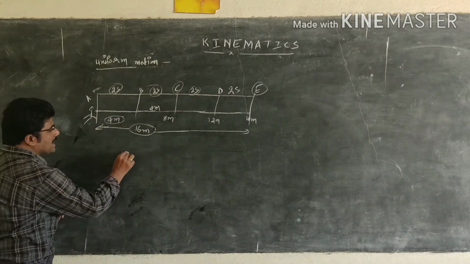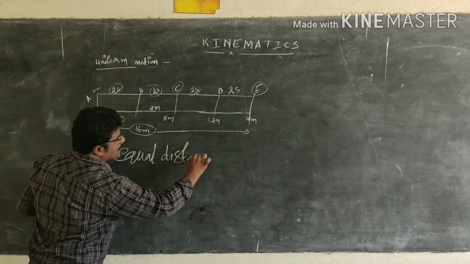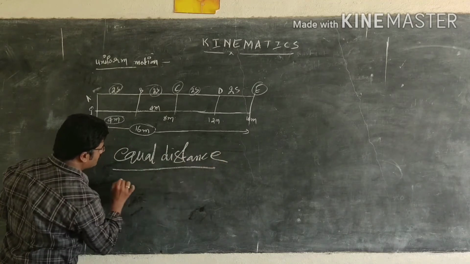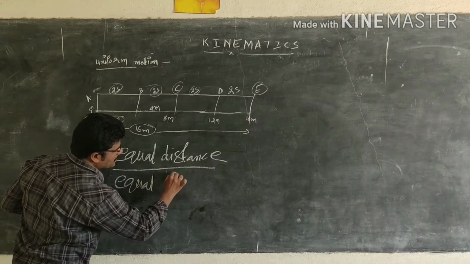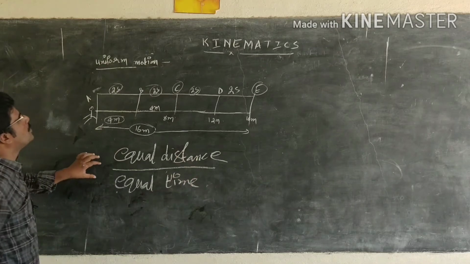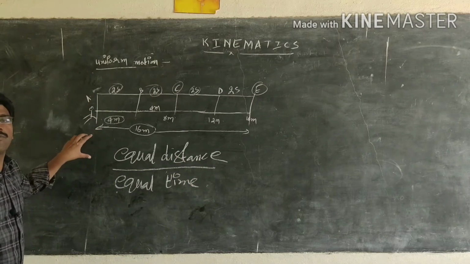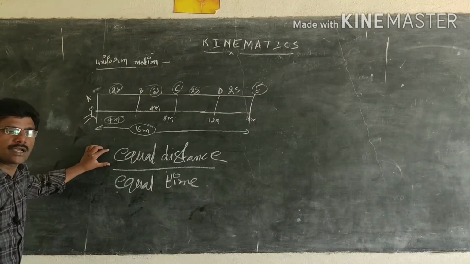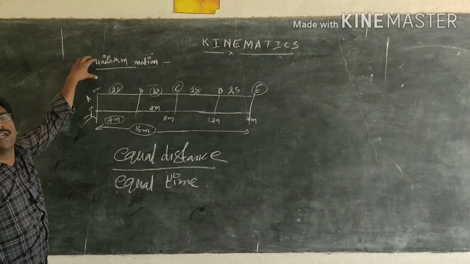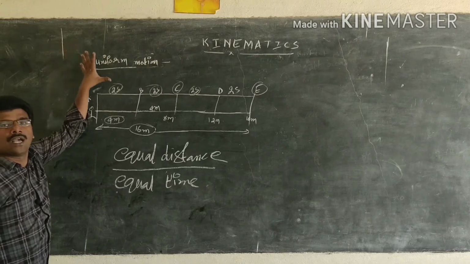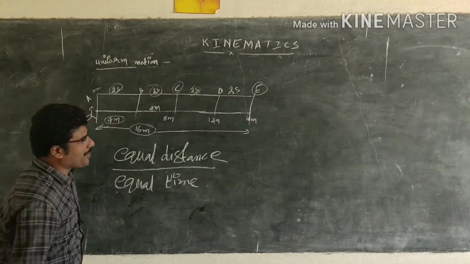He has traveled equal distance in equal intervals of time. Then the motion is said to be uniform motion. If a body travels equal distance in equal time, then the motion is said to be uniform motion.